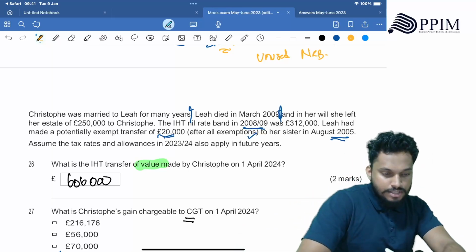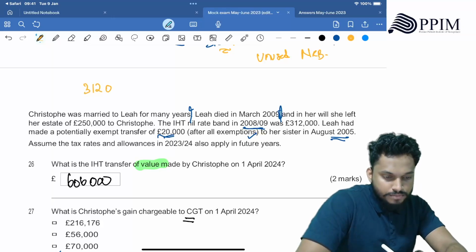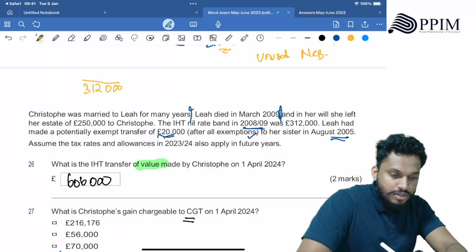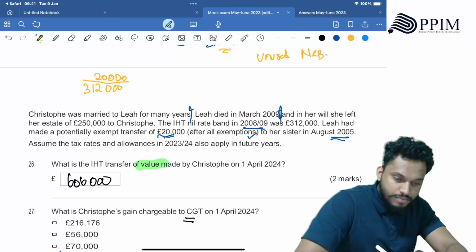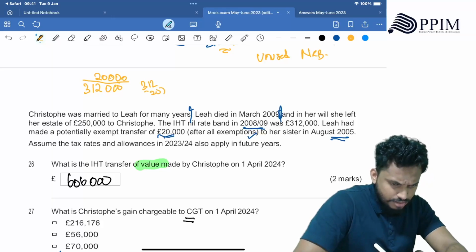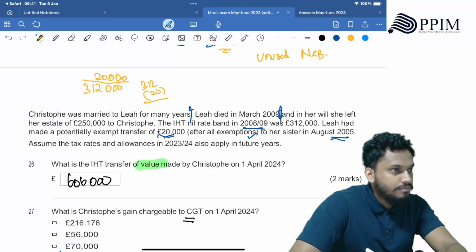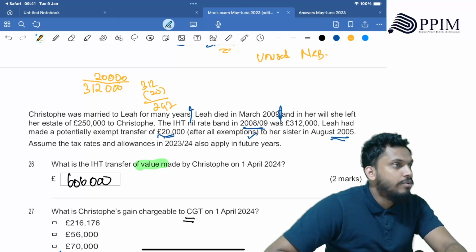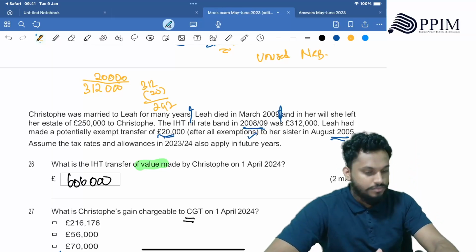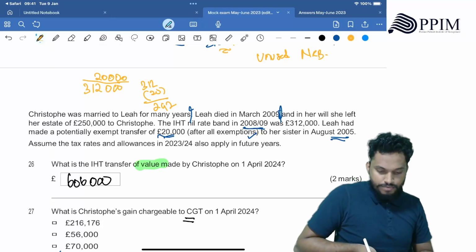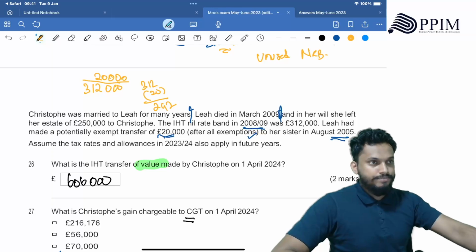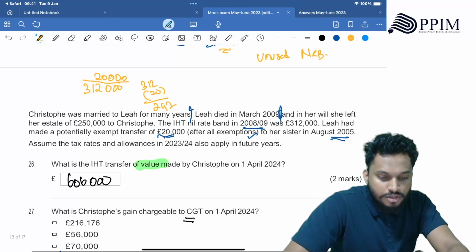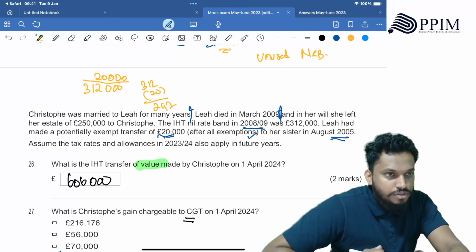Okay, fine. For example, now this 20,000 is how much percentage? Oh no, I didn't divide it. So now I just need 312,000 minus 20,000. How much have you used? 292,000. 96% unused.